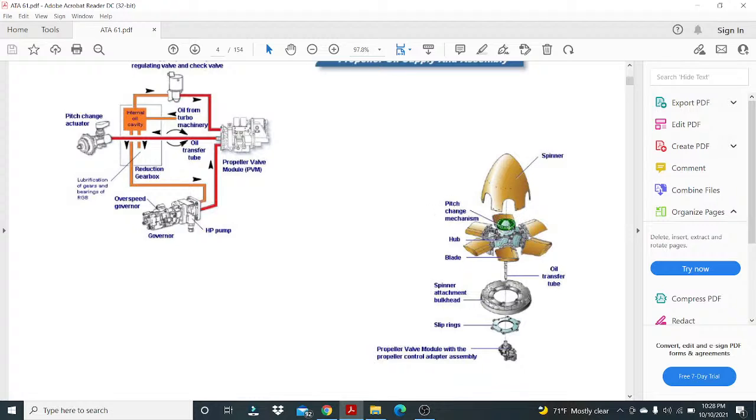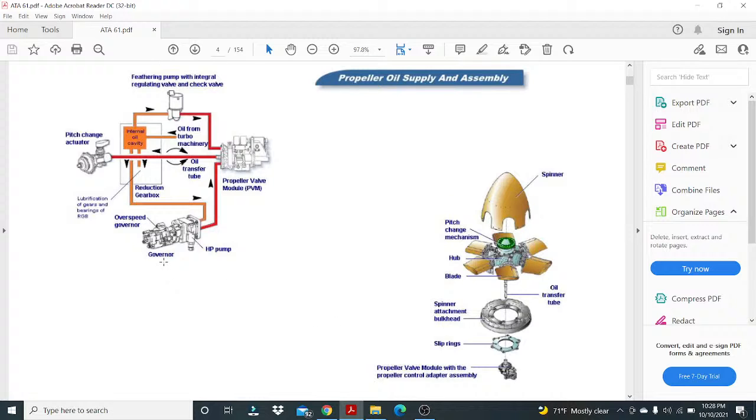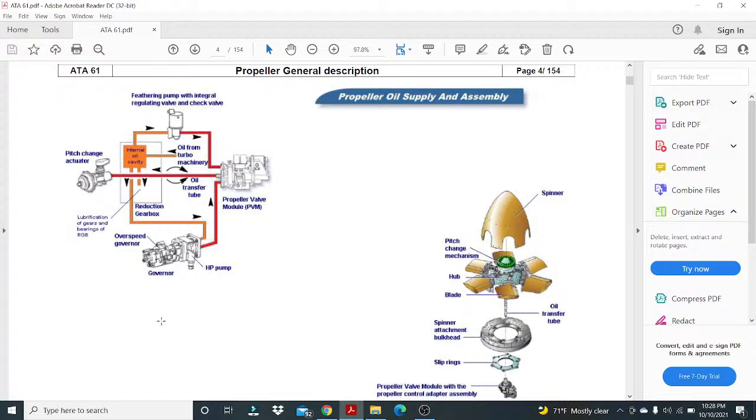The pitching mechanism results in pitch change. This is the hub, the one below. So these are blades, this is the transfer tube, and we have the spinner attachment bulkhead, slip rings, propeller valve module with the propeller control adapter assembly. Alright, so this is how it works.